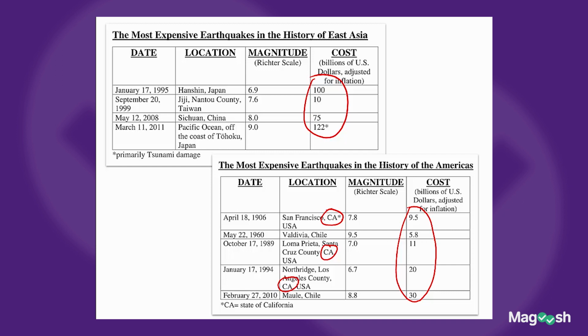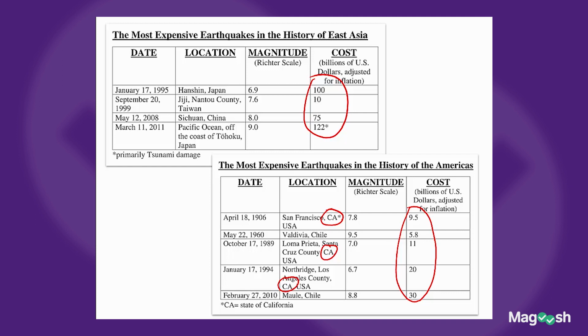That one cost $122 billion, far more expensive than any of the ones that occurred in the Americas. Other East Asian quakes were also quite expensive.